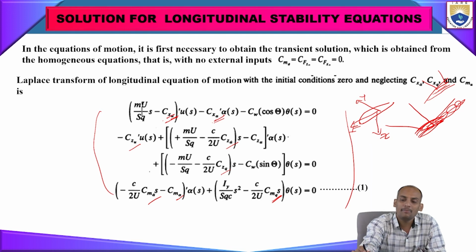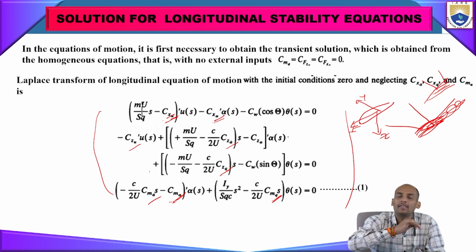The same goes for z also: there will be changes with respect to the downward velocity q, and the pitch changes are there, so the angle of attack alpha will be included in this one. That means x and z are the linear forces acting in that direction.